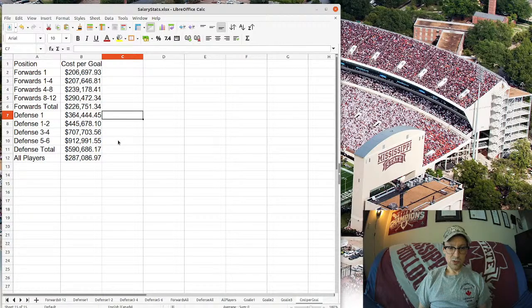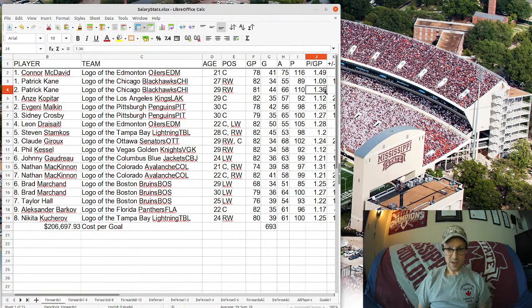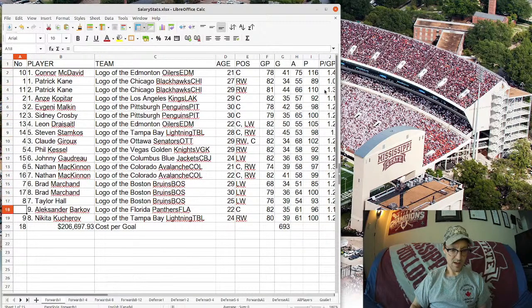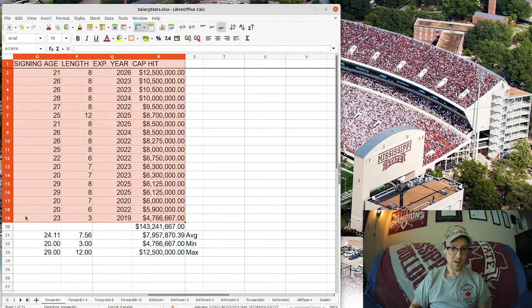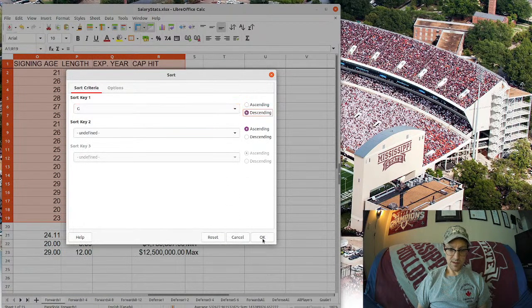And should we... we might as well. So give me a brief moment and we'll get cost per goal. Let's see here. Sort goals descending.